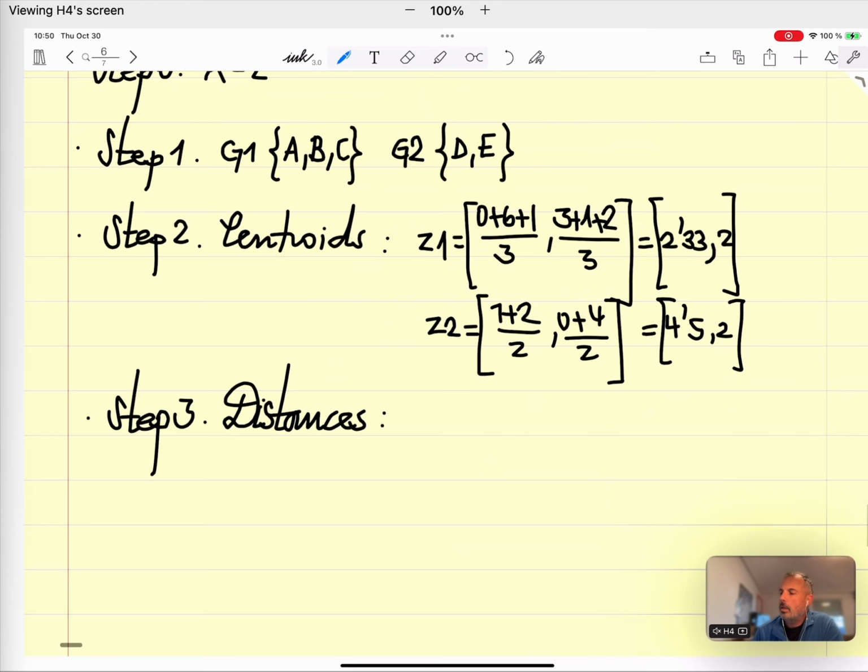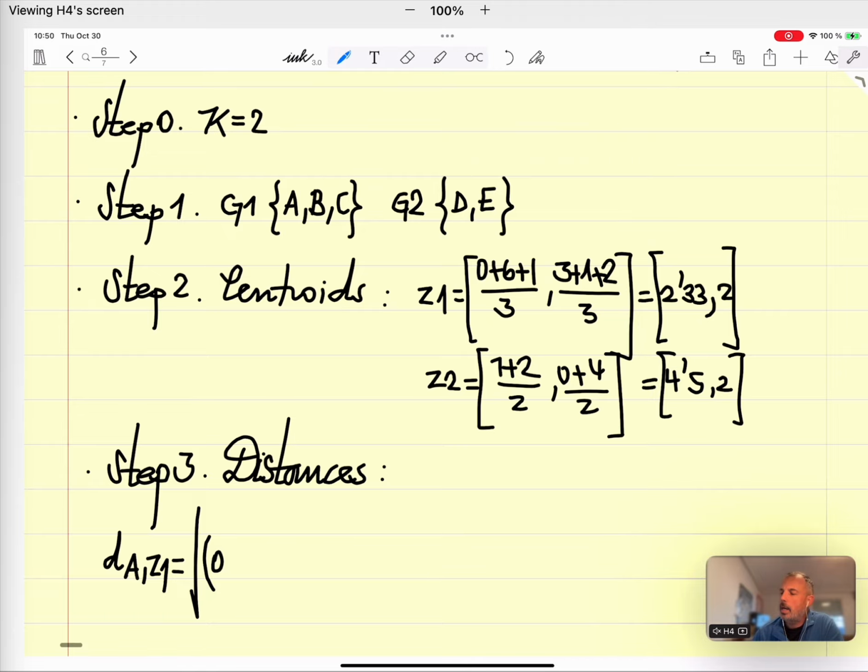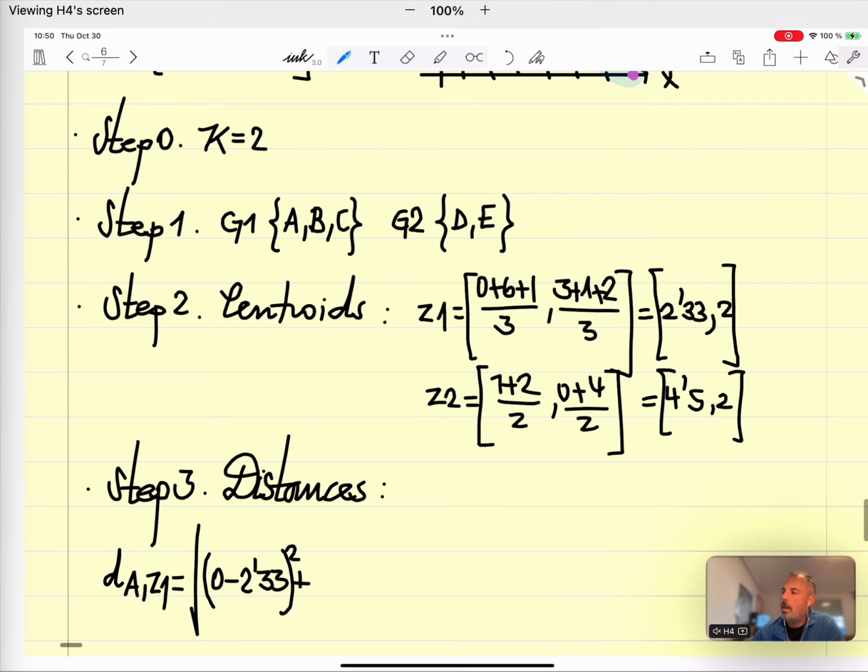The distance of factory A to centroid 1 is the square root of the x coordinate of point A minus 2.33 squared plus y coordinate 3 minus 2 squared. This equals 2.53.